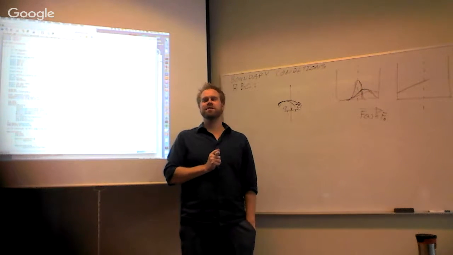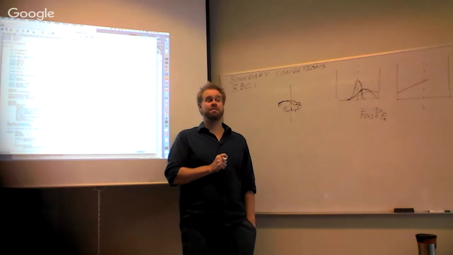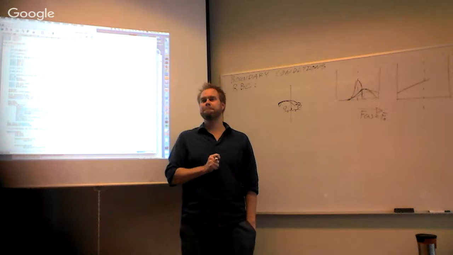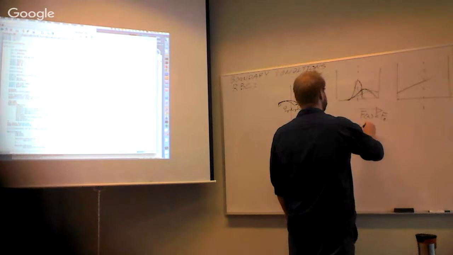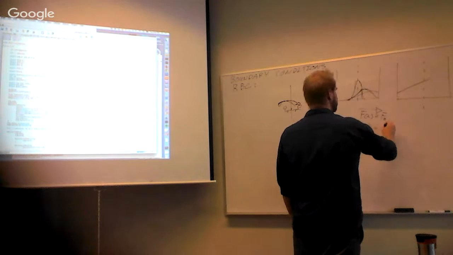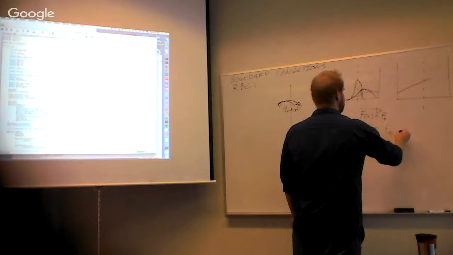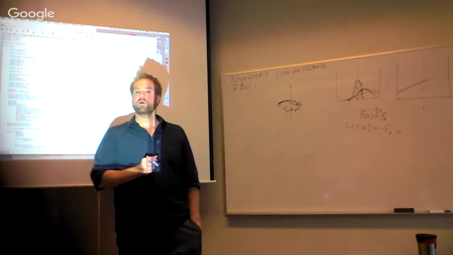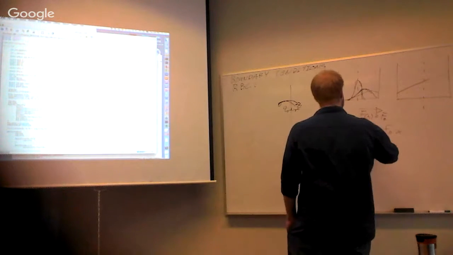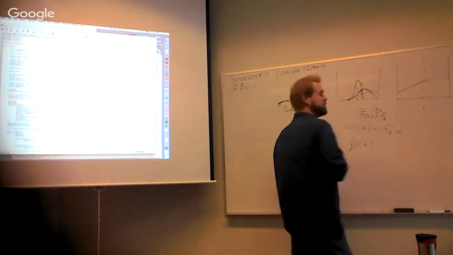This is statistical physics. If you have an energy landscape, which in this case looks like that, what do you expect for the distribution of particles as a function of x?